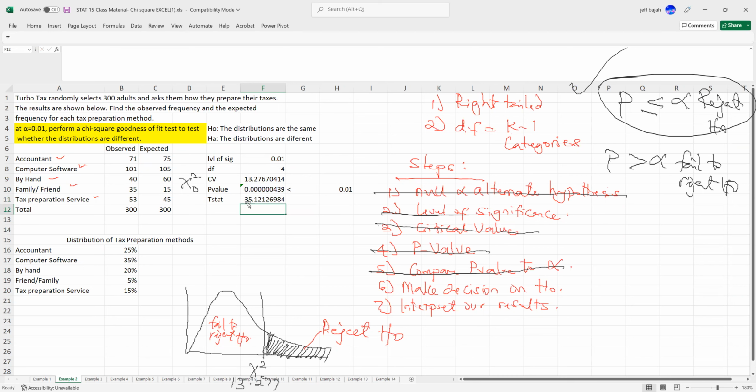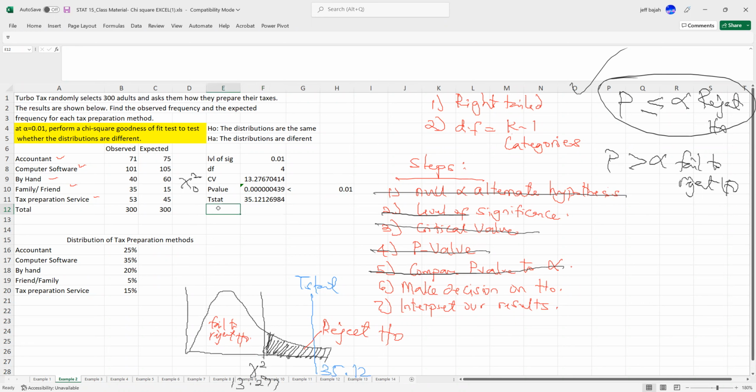And you can see it gives you 35. That's a huge number, right? Remember, 13 is the critical value, so 35 will be somewhere here. Your test stat is 35.12. So you can see clearly your test stat falls in your rejection region. So you can use this to state your decision, or you can use the other method.